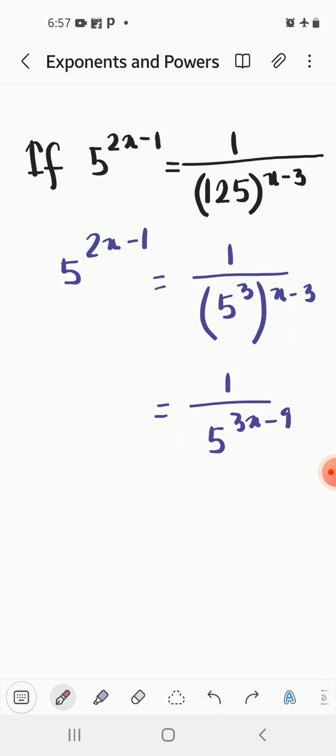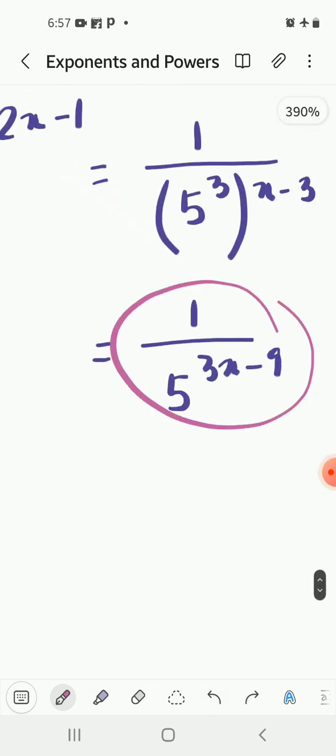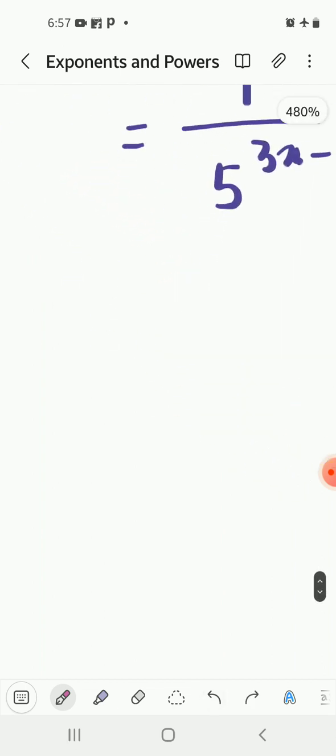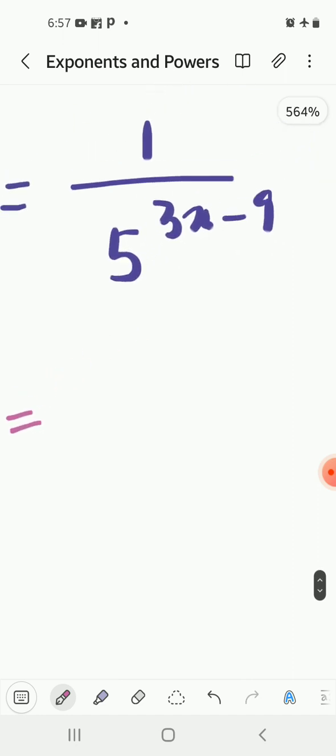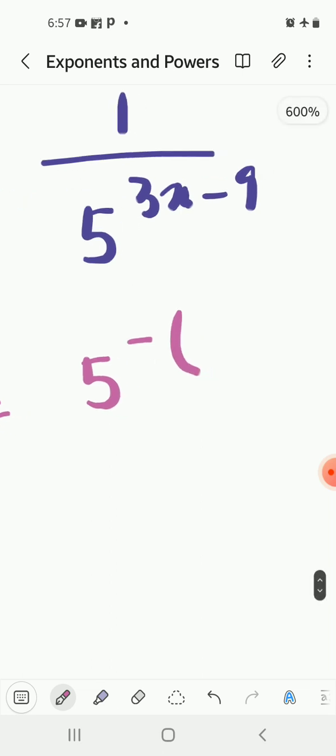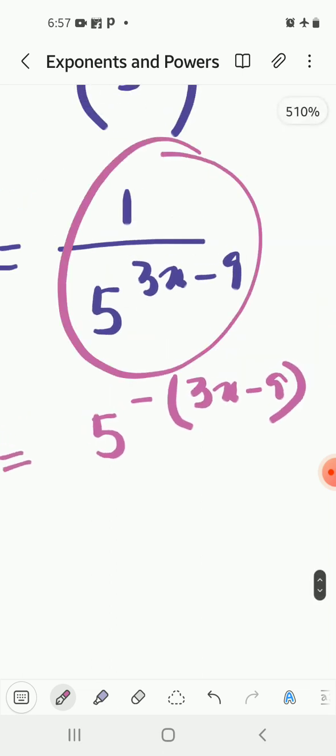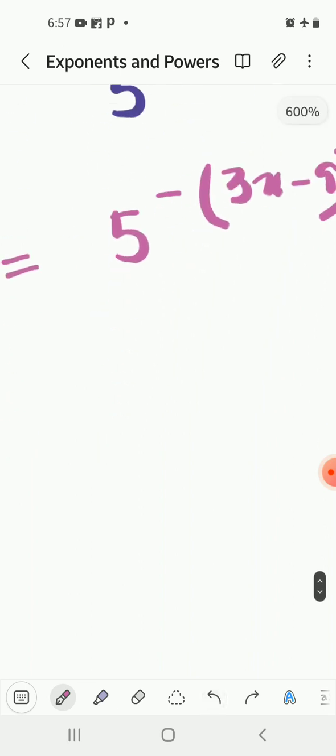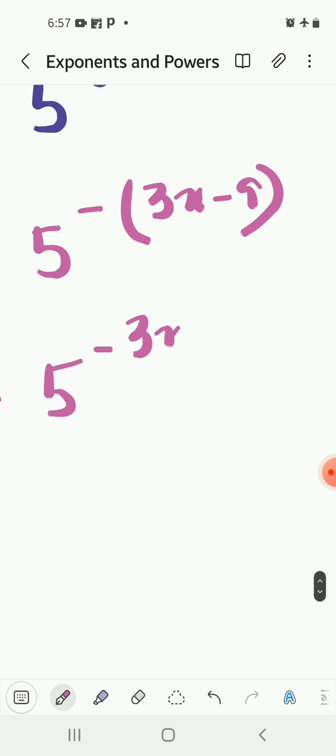So I choose this side of it first. We can write it in this manner. This is actually 5 to the power minus, and we have got this 3x minus 9, just in order to make a reciprocal of this. So now what do we get is 5 to the power minus 3x, and minus into minus plus 9.